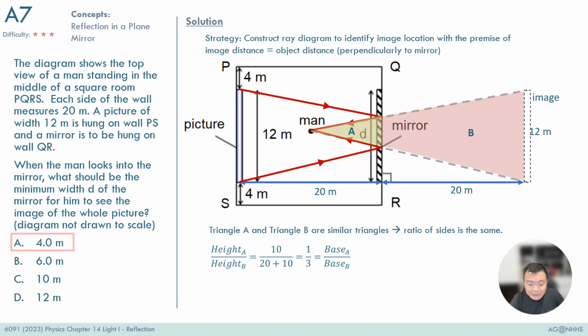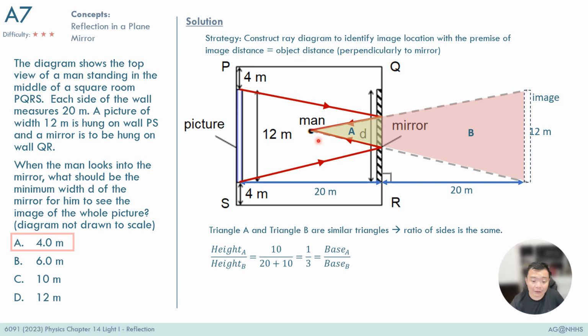So the height of A, which is over here from this part to the base of the triangle A, that's the height. So this height divided by the height of triangle B, which is from the man all the way to the base of the triangle over here, is 10 meters divided by 30 meters.